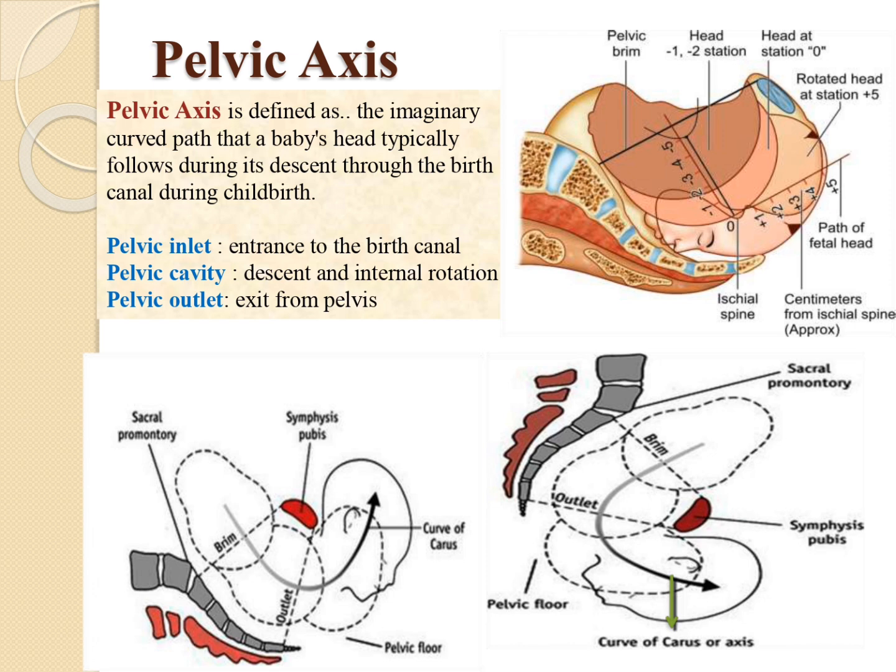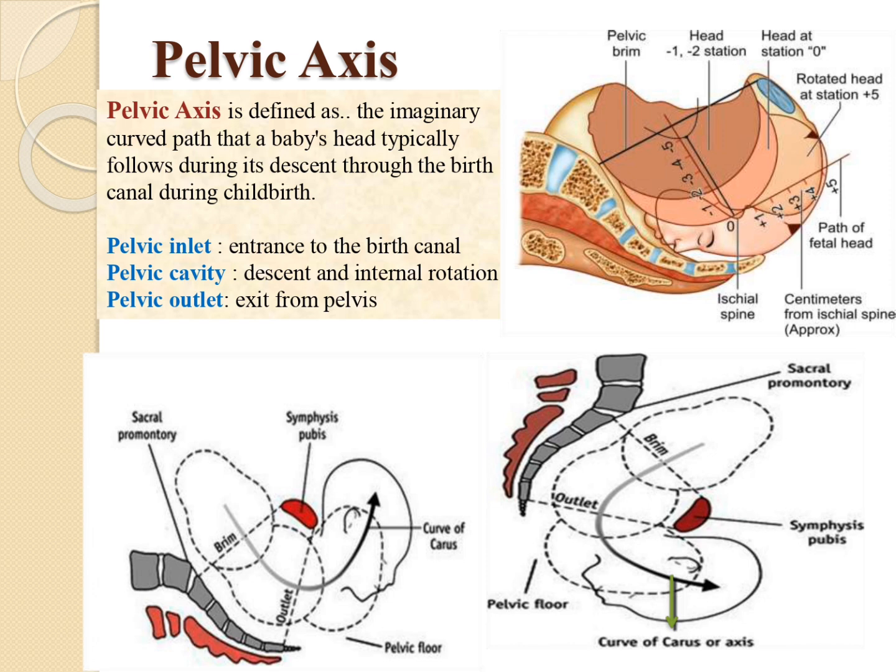First figure also shows station of the fetal head in relation to ischial spines. Ischial spines are the most prominent bony projections felt on internal examination. The level of ischial spines is halfway between the pelvic inlet and pelvic outlet. This is also known as zero station.